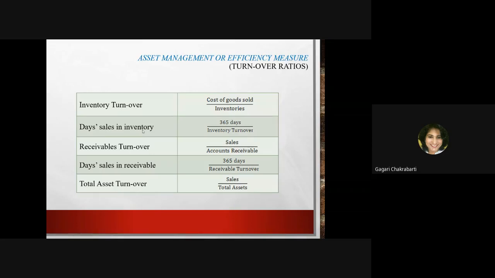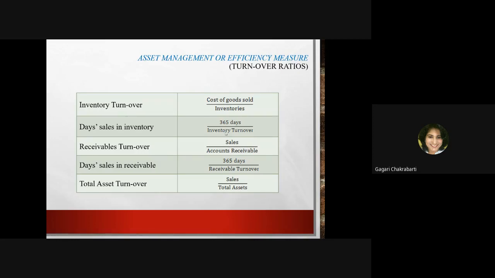Days sales in inventory is defined using 365 days because we have 365 days in a year. So we are not talking about any trading days in a year. If you have trading days, then the number will be reduced from the 365 days. So we are considering the entire year.